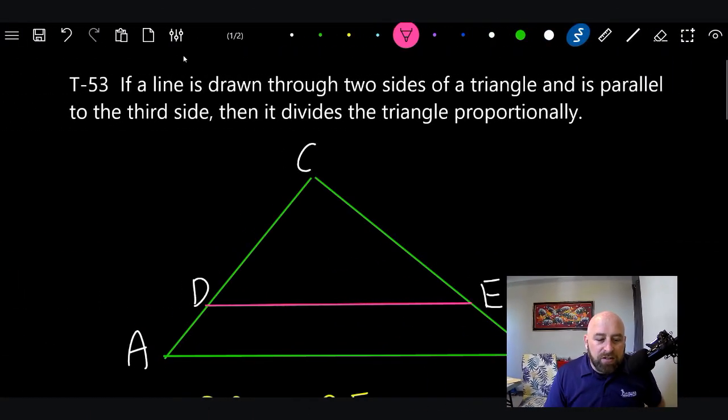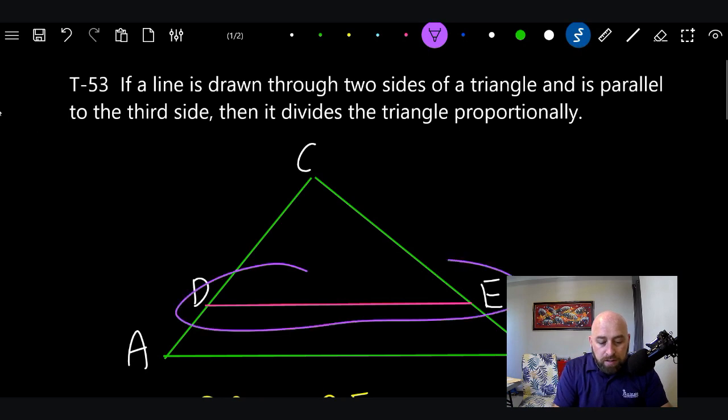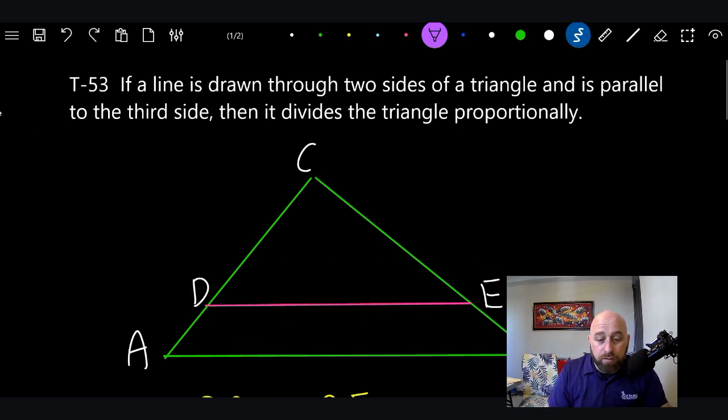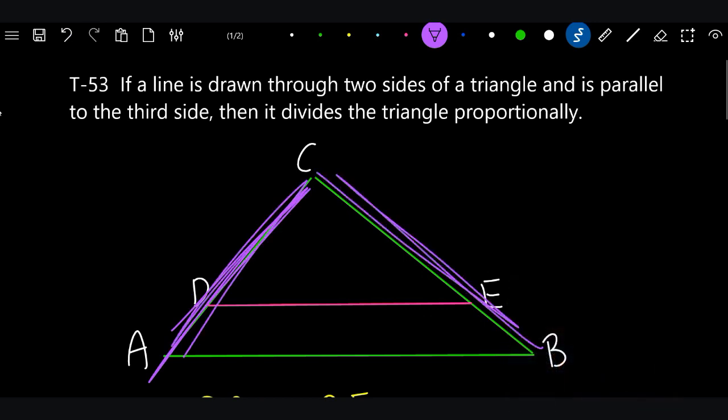Theorem 53 says, if a line is drawn through two sides of a triangle and is parallel to the third side, then it divides the triangle proportionally. Let's break that down. If a line is drawn through two sides of a triangle, there's our line. It's drawn through two sides of this triangle, side AC and side CB.